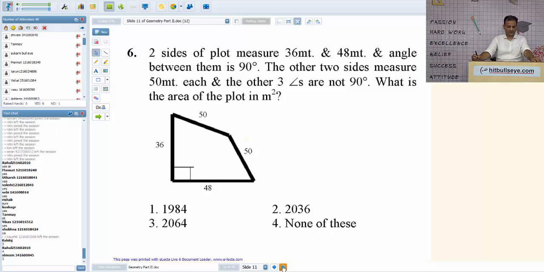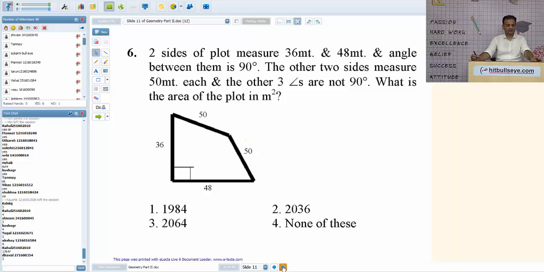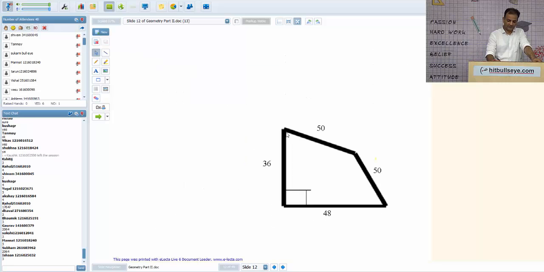Rahul, fourth option, none of these. Fight is between third and fourth. Again you can see triplet 3, 4, 5. 36, 48, hypotenuse will be 60. Yeah, got it, 2064, third option.